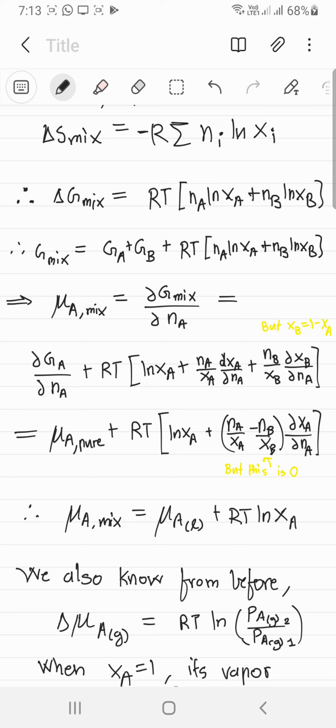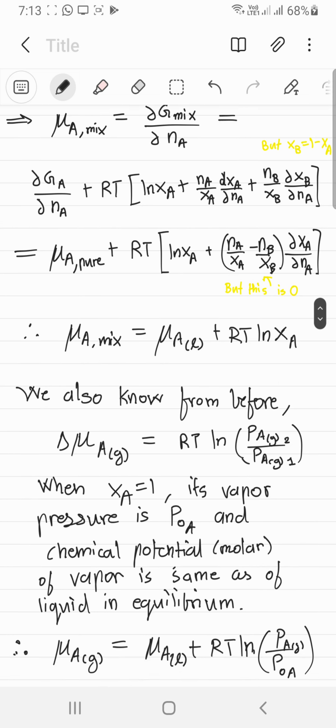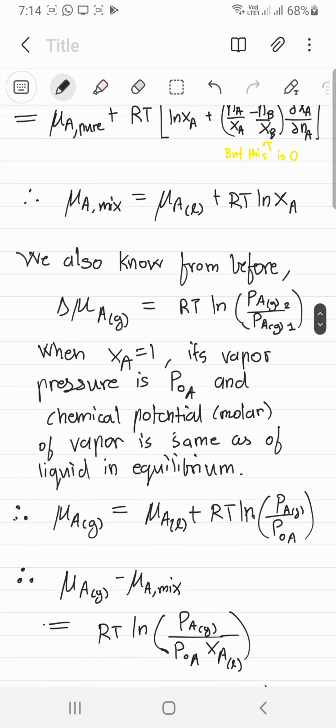And then doing everything, we finally arrive at this thing, that the chemical potential of A in the mixture is the chemical potential of pure A, plus this quantity RT natural log of Xa. And we also know from before, from the calculations we did for the ideal gas, that the change in the chemical potential of A in the gas phase is RT natural log of the ratio of the pressures, partial pressures in fact.